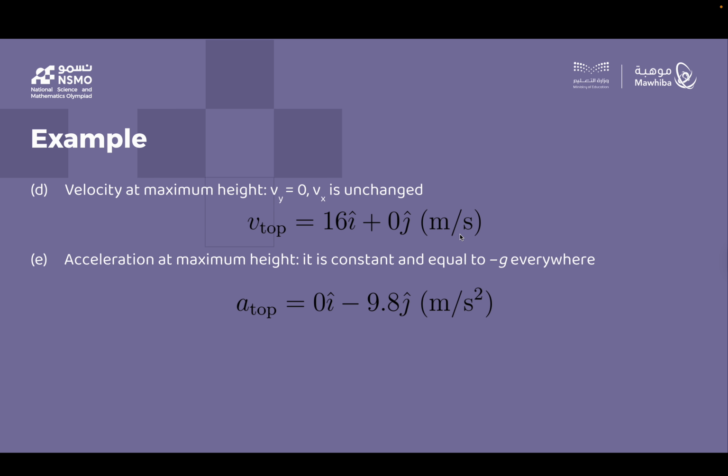And finally, part E is about the acceleration vector at maximum height. To solve this, we have to remember that the acceleration is constant and it's equal to minus g everywhere. Thus, the answer is the acceleration at the top, or anywhere else, is 0 times i minus 9.8 times j, again given in meters per second squared.